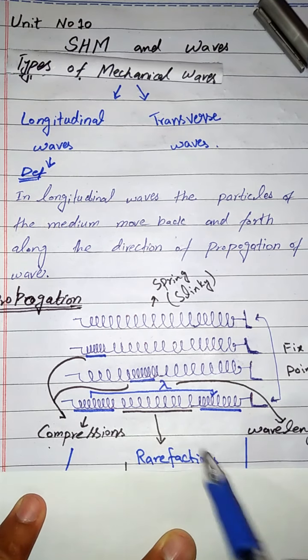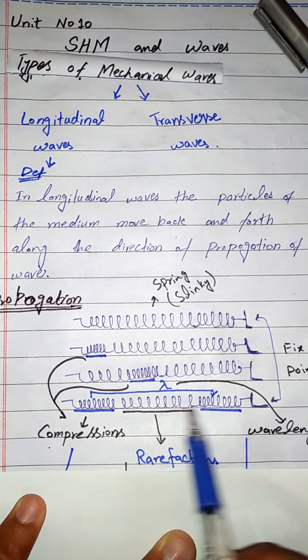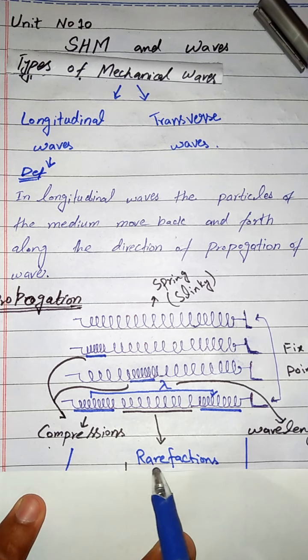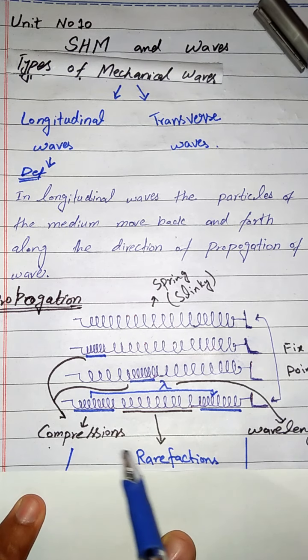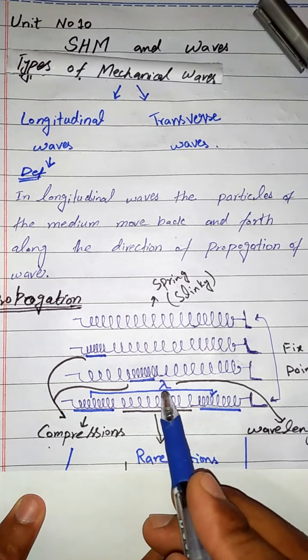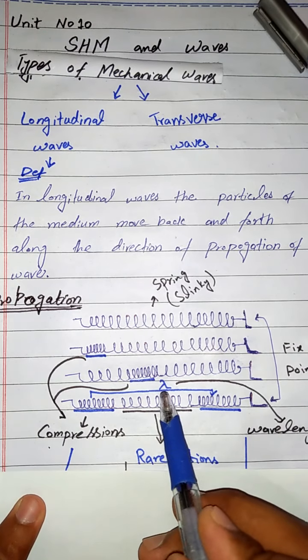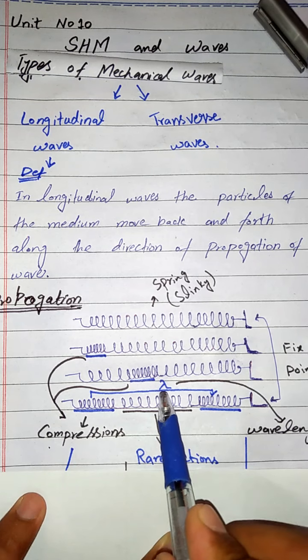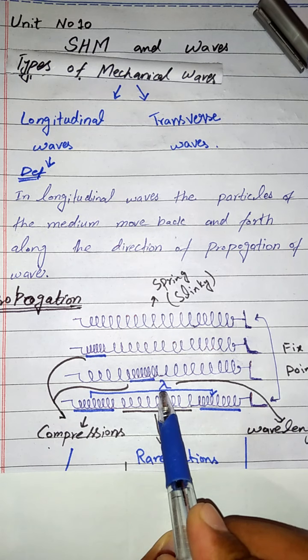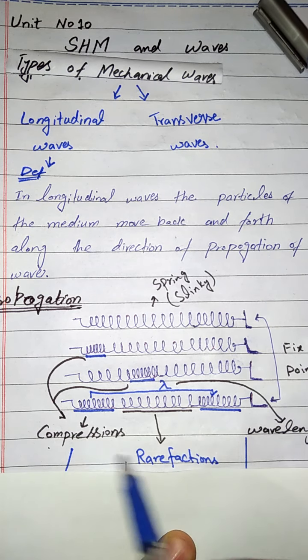Another term: the distance between two consecutive compressions or rarefactions is known as the wavelength, denoted by the symbol lambda. So these are the terms.